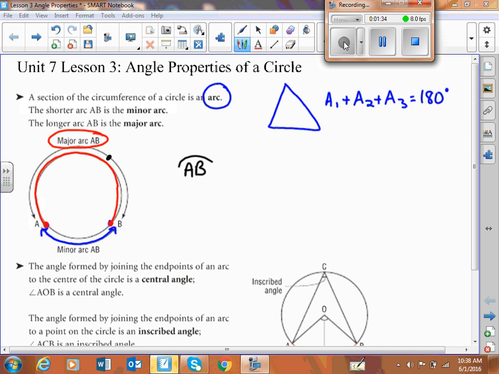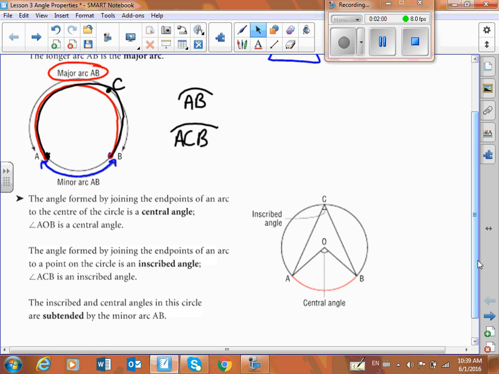Let's say there's a letter C up here, and if I wanted to indicate the major arc, I might give you some road directions that look like this, A, C, B, with the arc symbol. That's telling you you're starting at point A, going through C to B, and that would indicate that that was the major arc.